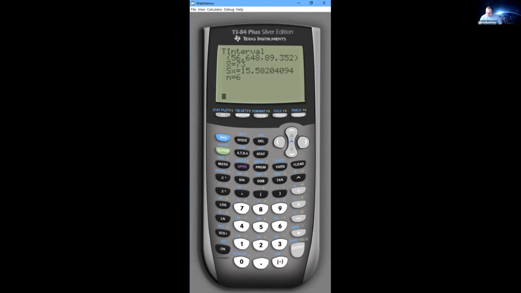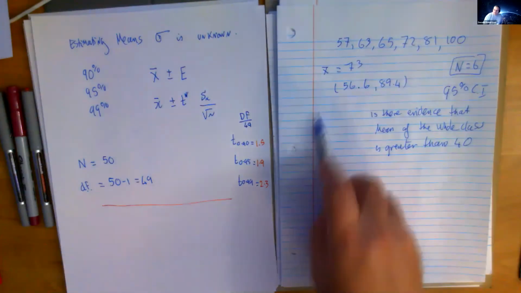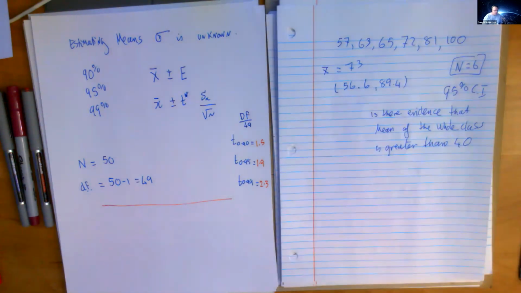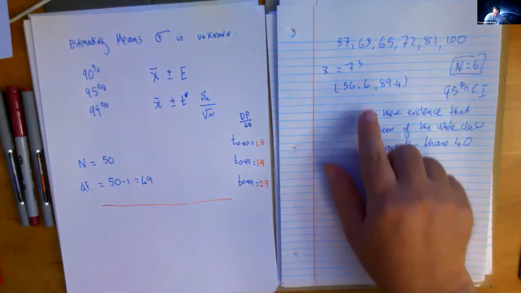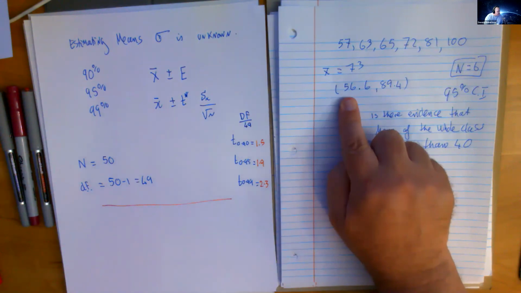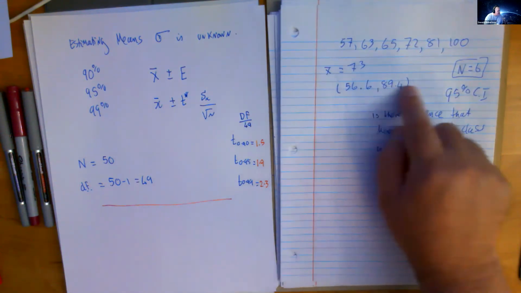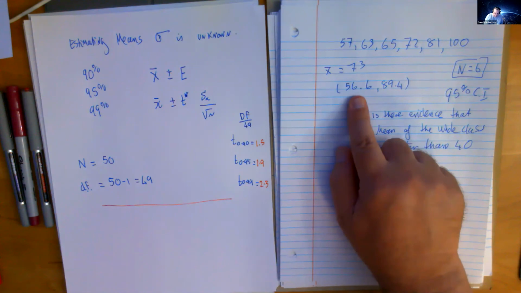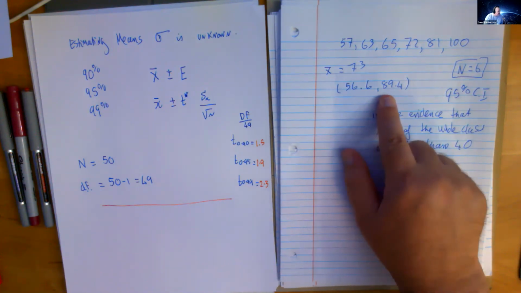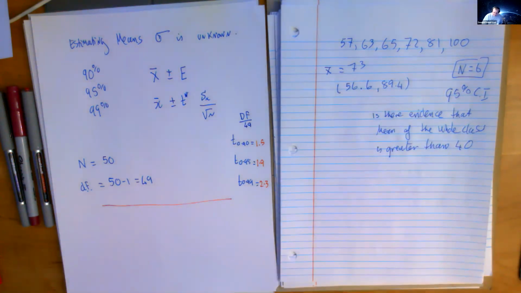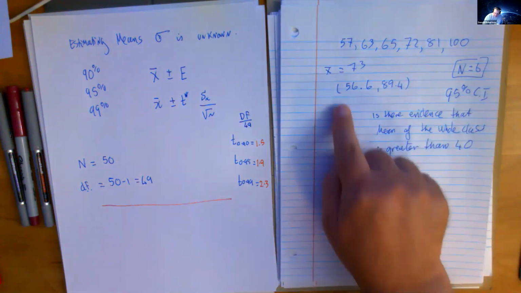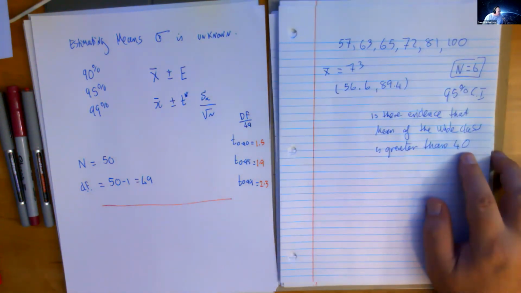And let's return to my white screen. So I'm 95% confident that the true average score in that professor's big class is somewhere between 56.6 and 89.4. Is that interval evidence that the mean is greater than 40?